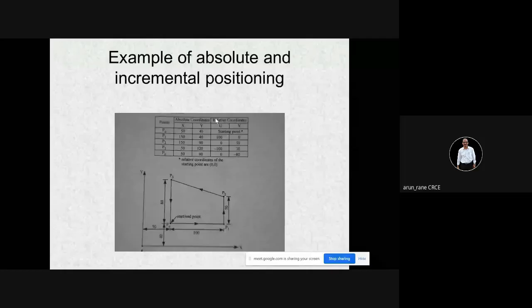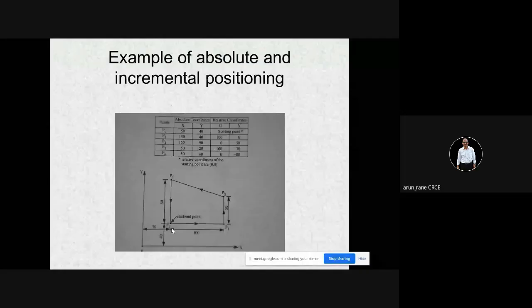Relative means incremental. This is G90 and this is G91. In case of absolute, this is 50 in x and 40 in y.